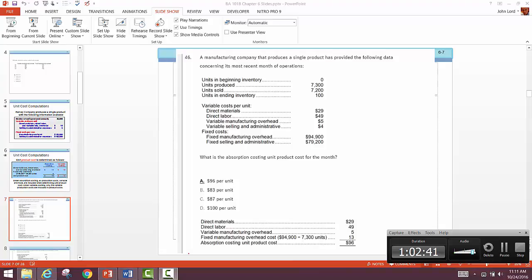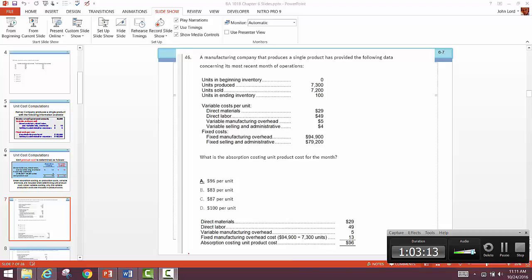That includes everything: the variable and the fixed manufacturing overhead plus the direct labor and direct materials. Then we take the 96 times the 7,200. That's 691,200, right? That's a credit. That goes to cost of goods sold, 691,200. We're left with 9,600, right?